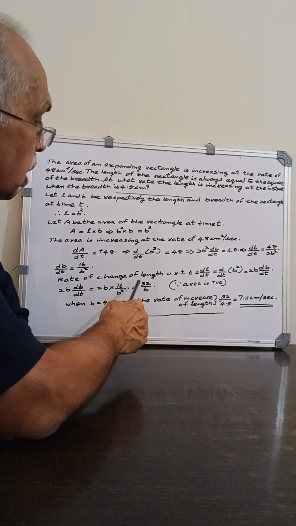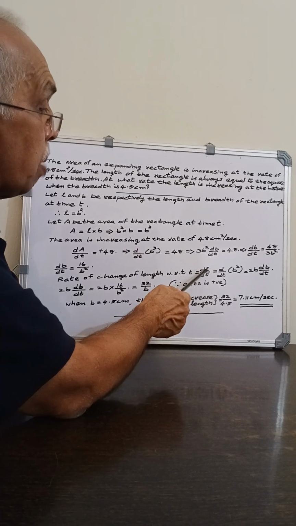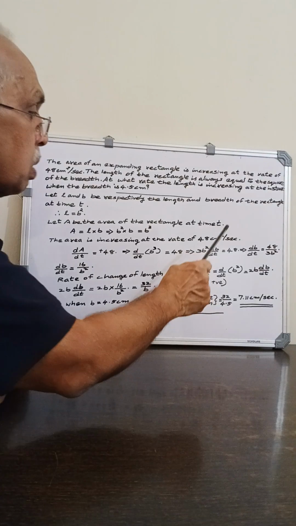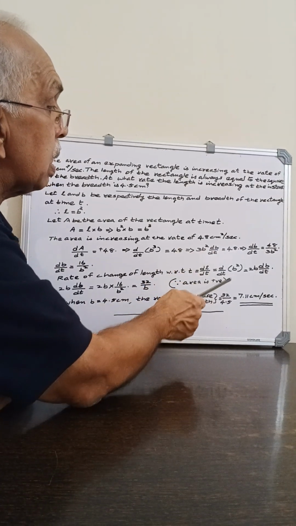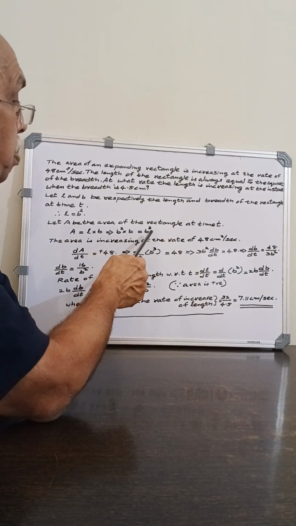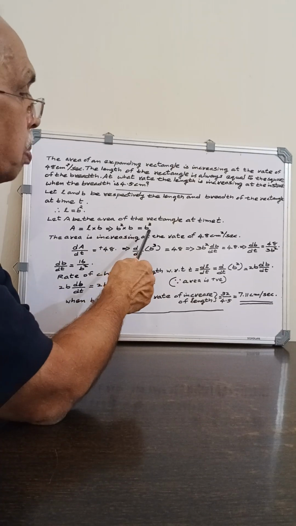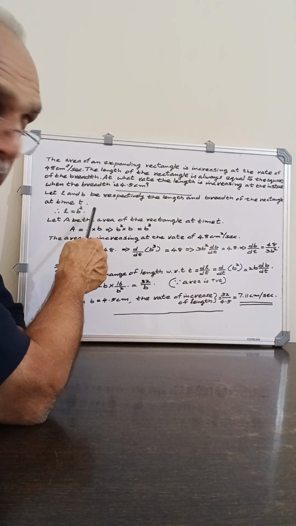Now, the rate of change of length with respect to t is dL by dt. We already defined the area to be B cubed, and B squared is the length. L equals B squared.